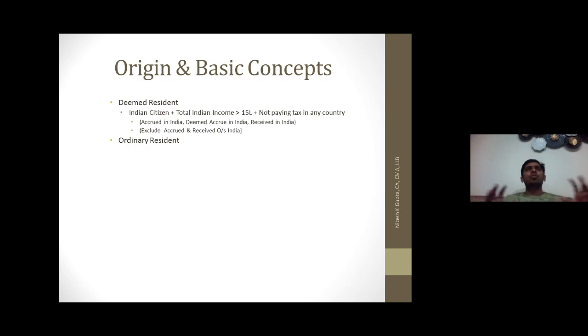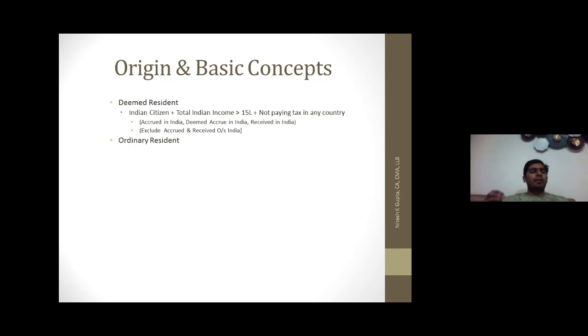I always tell you one thing: every tax provision has a reason or logic behind it. So what is ordinary and not ordinary? Simple, as the meaning suggests. If you ordinarily live in India, you are an ordinary resident. If you do not ordinarily live in India, you are a not ordinary resident. Simple.